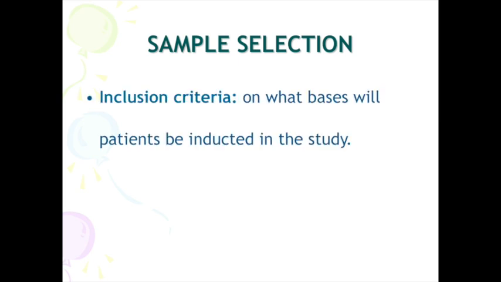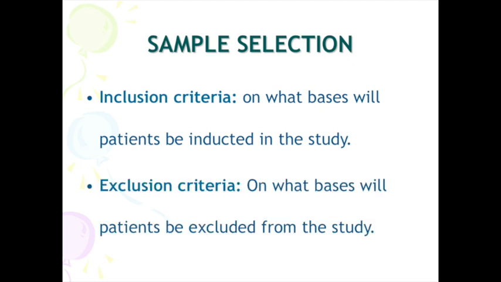Two of the important things that we need to consider while collecting the sample are the inclusion criteria and the exclusion criteria. So the inclusion criteria is on what basis will patients or students or participants be inducted in the study. And the exclusion criteria is on what basis will patients or participants or students be excluded from the study.